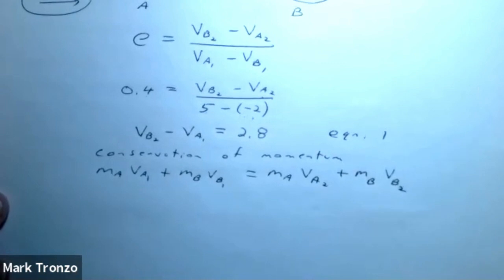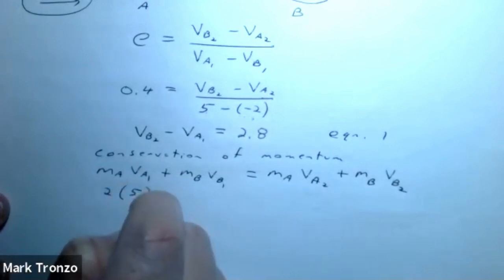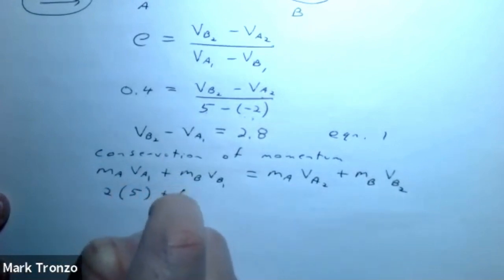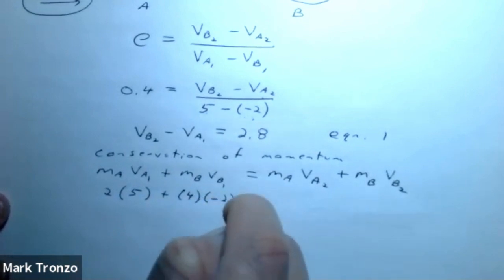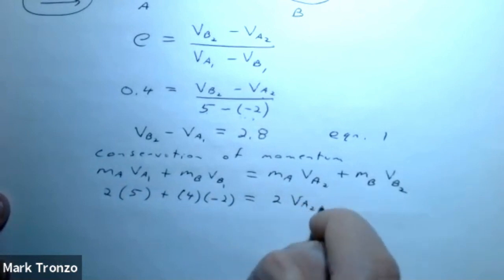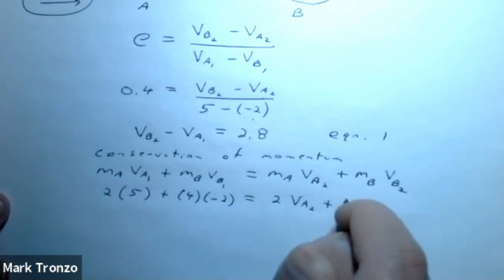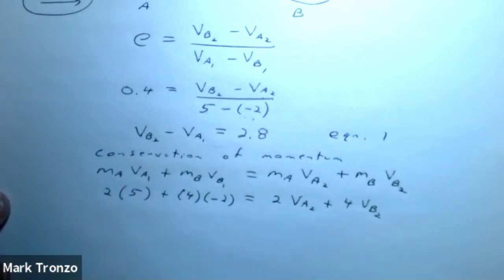And now we can just plug everything in. We know the mass of A is 2. The original velocity is 5. For B, we know the mass is 4 kilograms, and the velocity is -2. Mass of A is 2, VA2. Mass of B is 4, VB2. Like this.